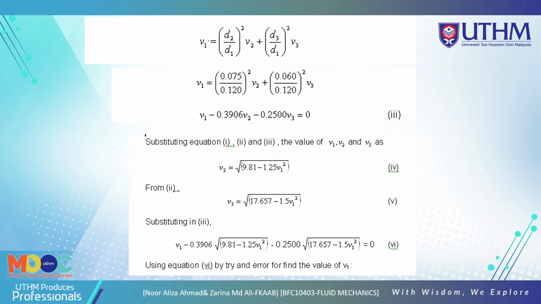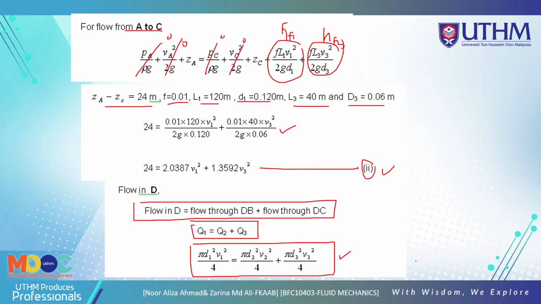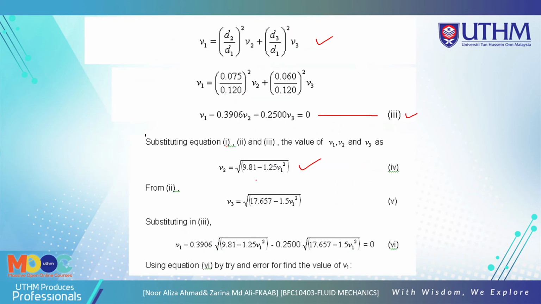So you get V1 in equation 3. Just substitute equations 1, 2, and 3. Then you get the value of V1, V2, and V3. You get V2 in terms here, and from equation 2 you get V3.